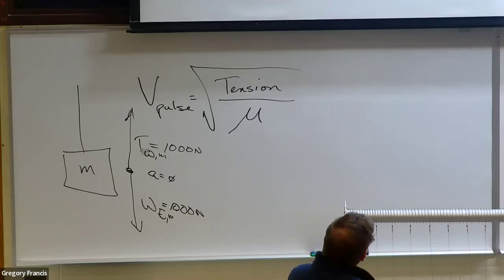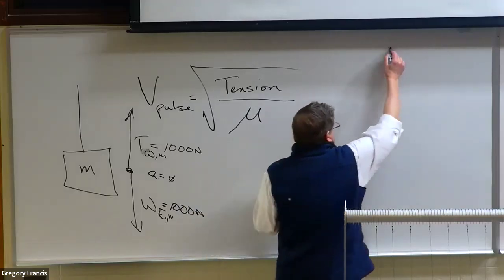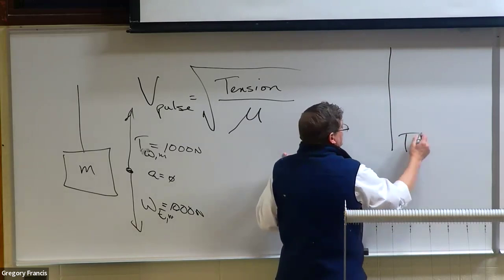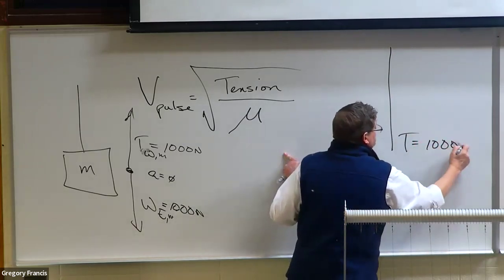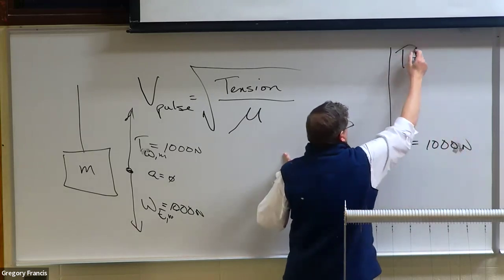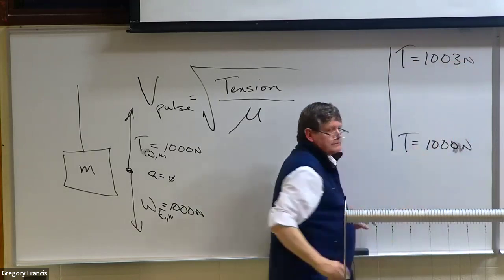But notice that the mass of that wire is just 0.3 kilograms. And so that means that at the bottom of the wire, the tension would be 1,000 newtons, and at the top of the wire, the tension would be 1,003 newtons.